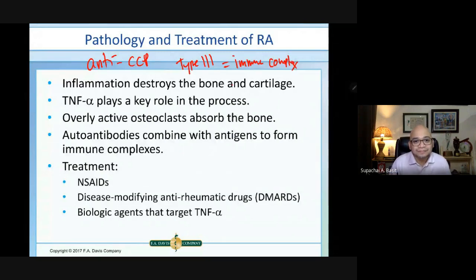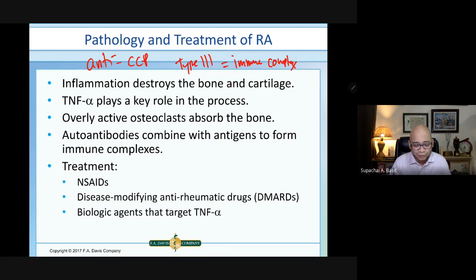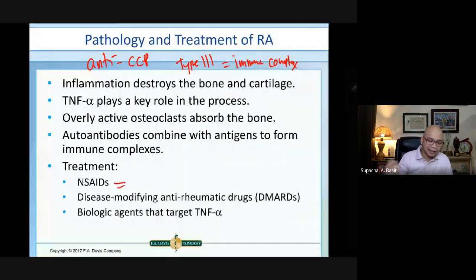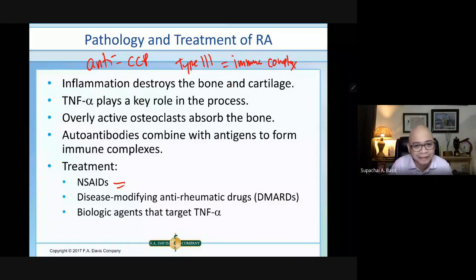So, ano yung mga different drugs? Non-steroidal anti-inflammatory drugs or NSAIDs are actually just being used to avert inflammation, but they will not cure rheumatoid arthritis. And then there are also drugs called DMARDs.